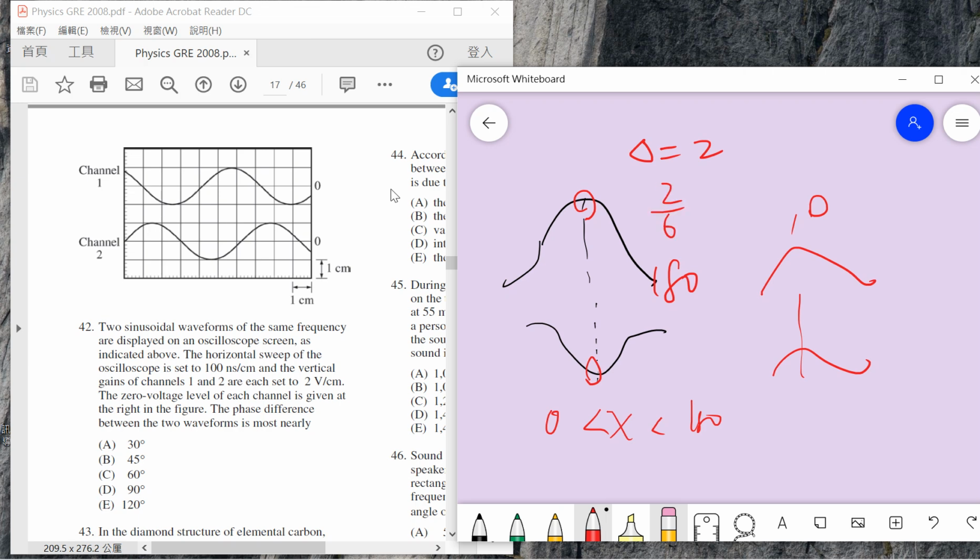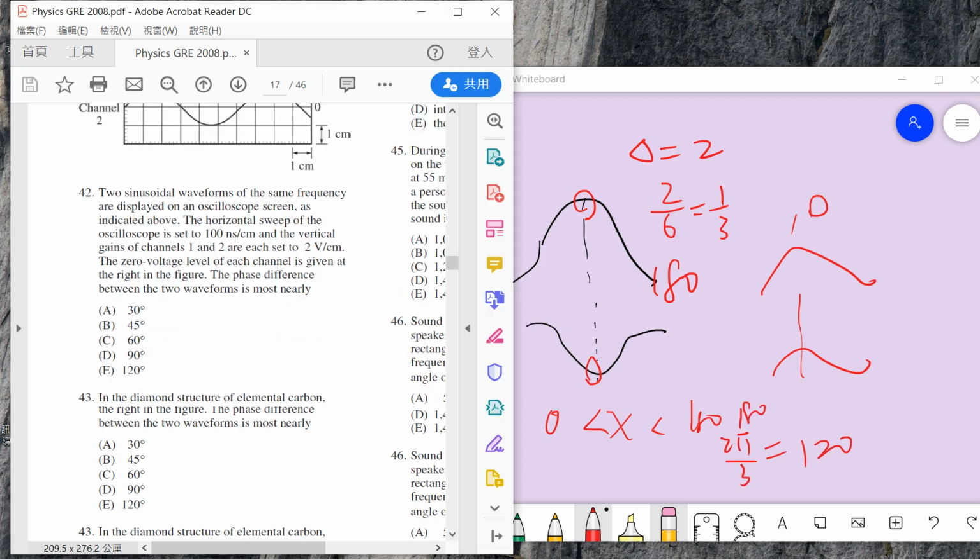So 2 over 6 is 1/3, times 2 pi, so the answer is 2 pi over 3, which is E. This is 180, so this is 120 degrees. So the answer is E.